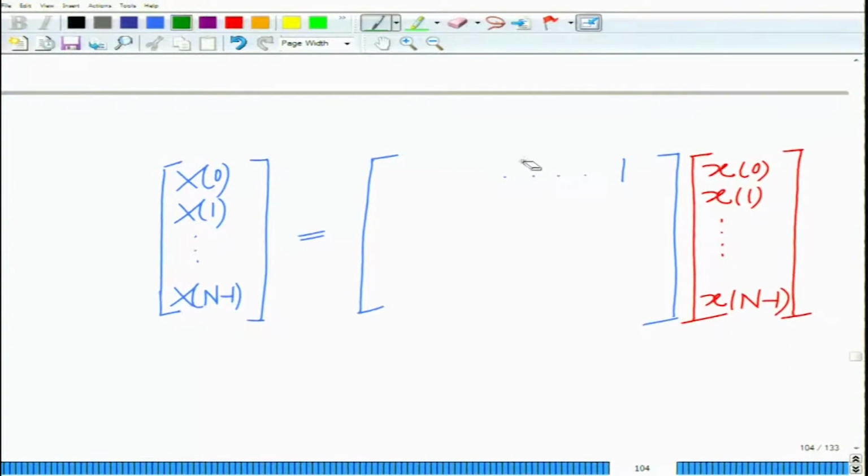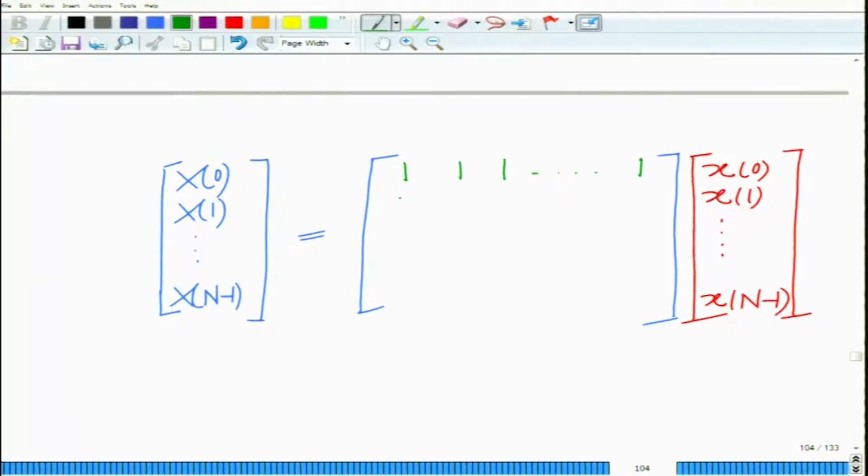So, first entries will all be 1, 1 times x0 plus 1 times x1, so on up to 1 times x2 plus so on, 1 times xn minus 1.